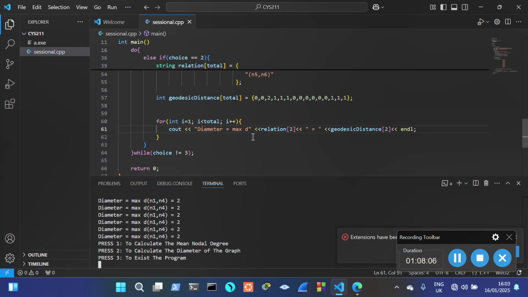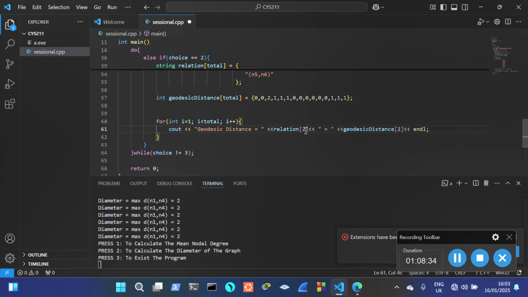No wonder I said if we wanted to print the geodesic distances, we can simply remove this part and say geodesic distance is equal to.